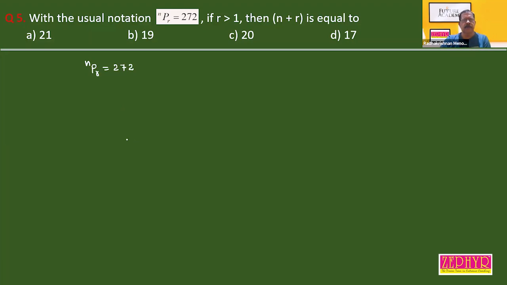Now, how many different ways can you write 272 as product of consecutive natural numbers? Consecutive natural number ആയിട്ട് 272 എങ്ങനെ എഴുതാൻ പറ്റും? Prime factorization ചെയ്താൽ പറ്റും.